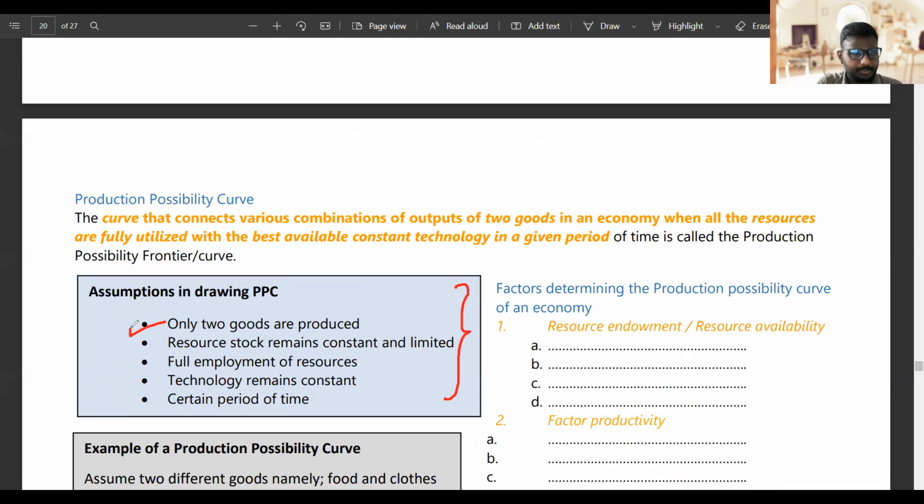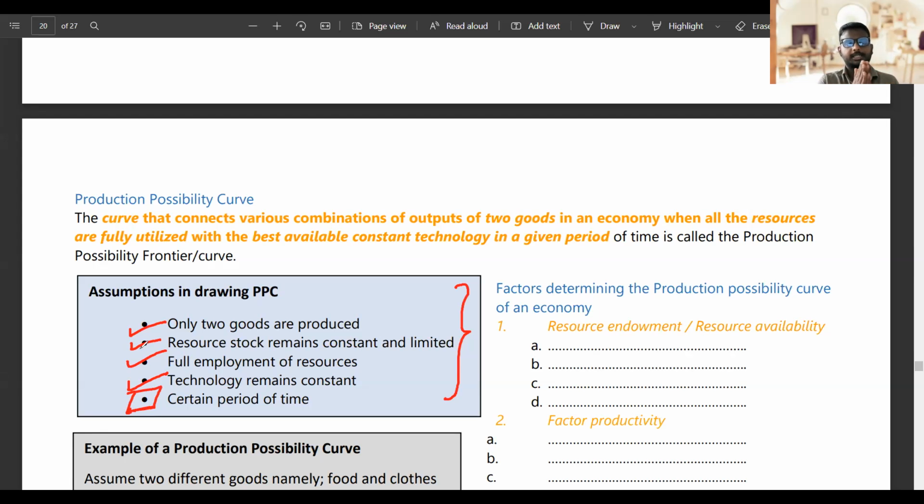Only two goods are produced, resource availability will be constant, and resources are limited also. Full employment of resources, technology remains constant, and all of this is drawn for a certain period of time. It can be for 1 day, 1 month, 1 year.